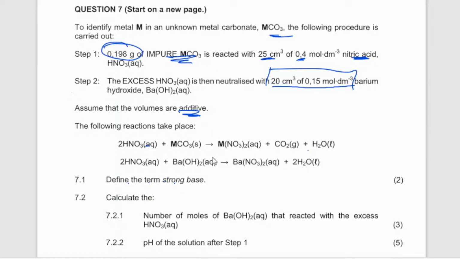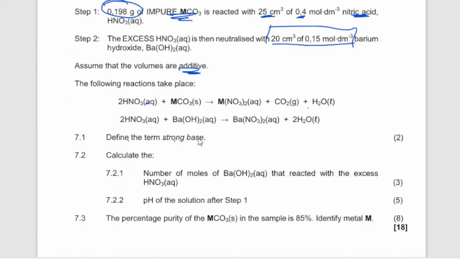Yes. So they are saying, calculate the number of moles of barium hydroxide that reacted with the nitric acid. So you have to use the excess, whereby this one is not that big a deal.